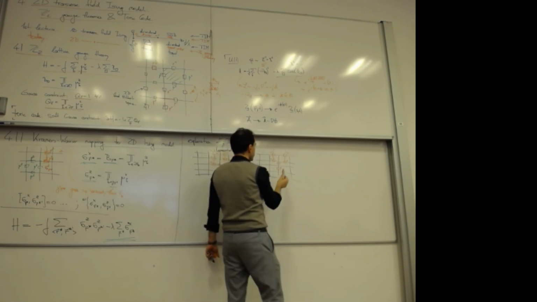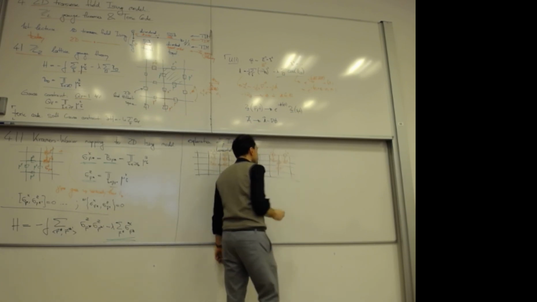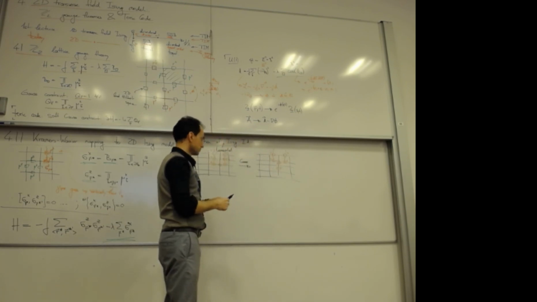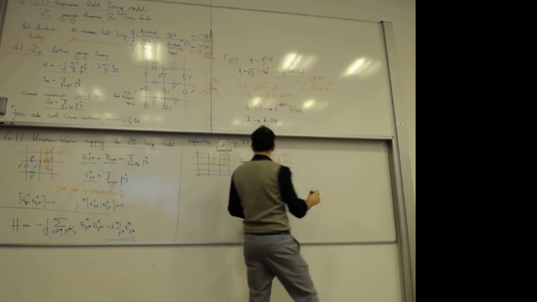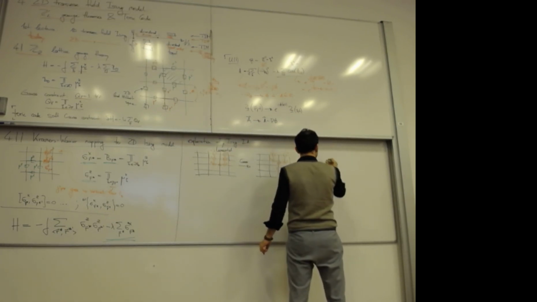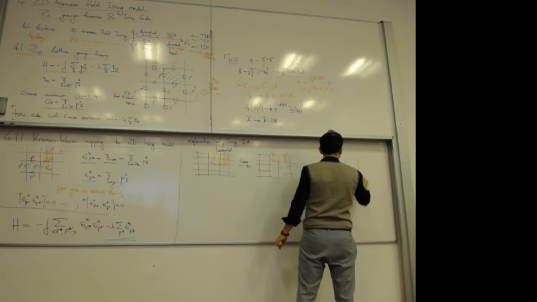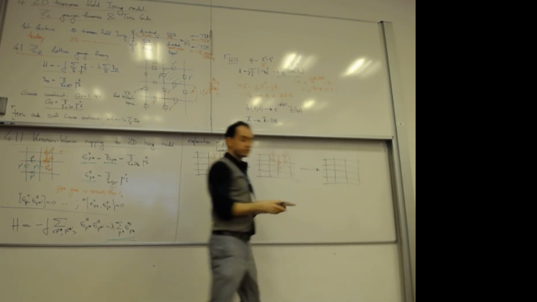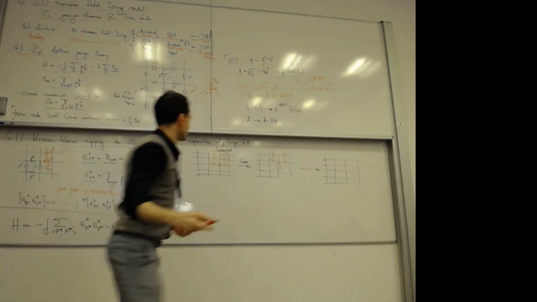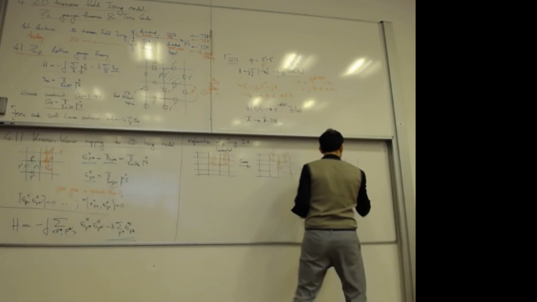And now I apply another Gauss here. So I do this again. The original ones that we were interested in, I marked them again in red.